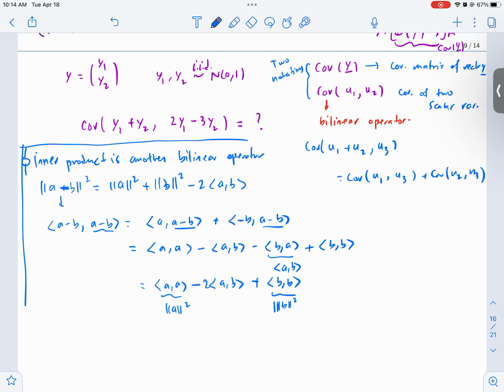Just expand the first thing out, and the same goes for the other one. So it's linear in the first coordinate, and linear in the other coordinate. That's why it's called bilinear.